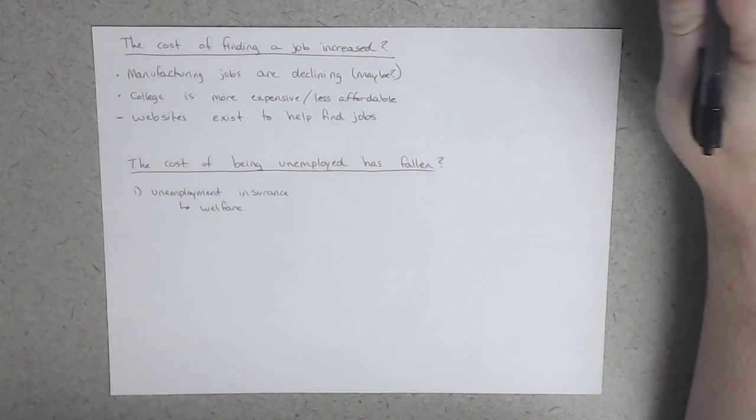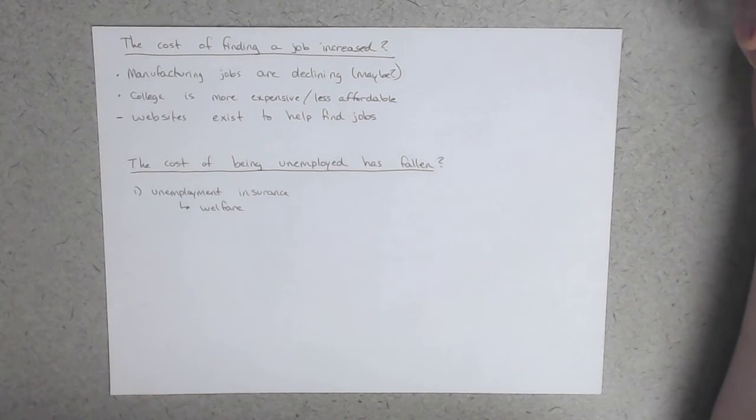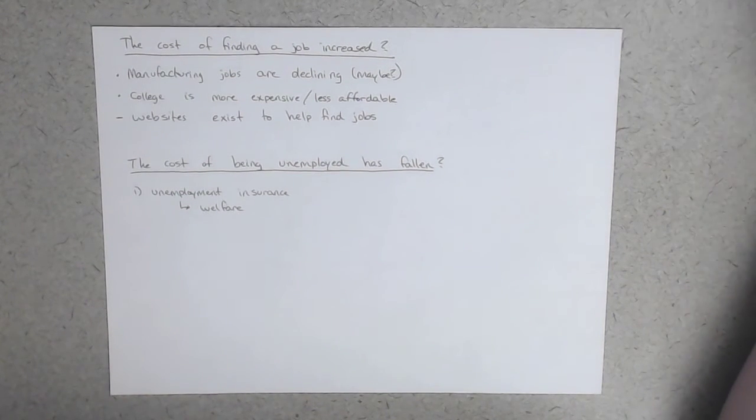Okay, so this isn't to say that unemployment insurance is universally bad, but we should also recognize that it is not universally good. It can be used for very good purposes, but it can also be abused.